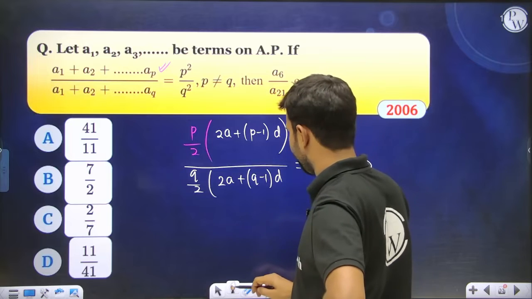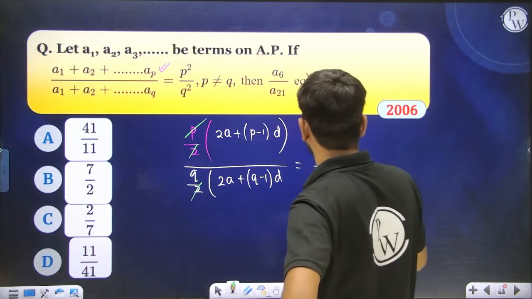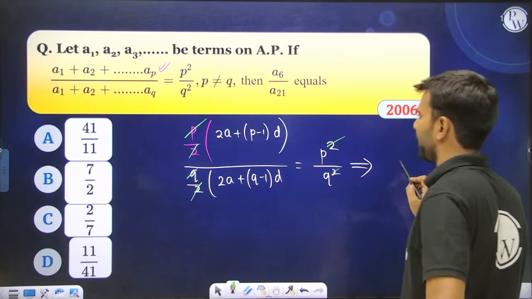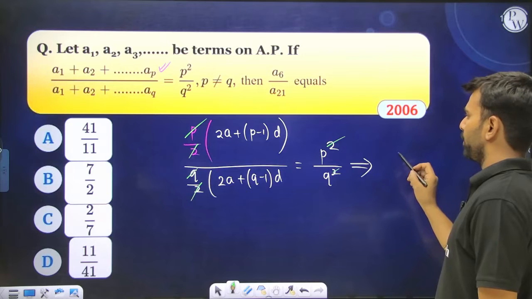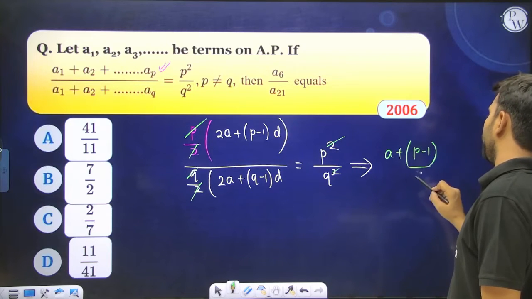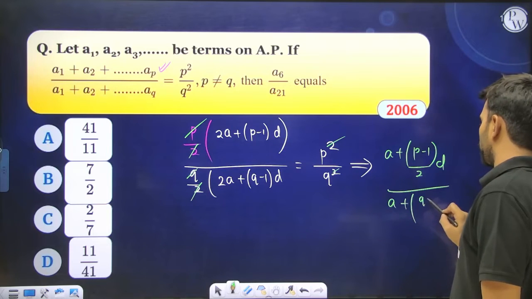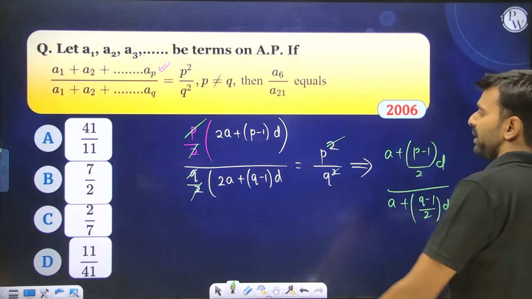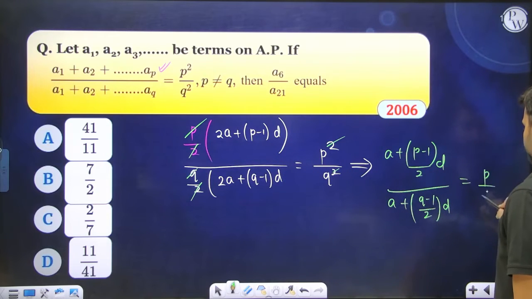So we can say that 1 by 2 and 1 by 2 cancelled over here, p and p cancelled over here, q and q cancelled over here, and the moment you take 2 common, it is going to be a plus p minus 1 by 2 d upon a plus q minus 1 by 2 d. We have taken 2 common from these two terms, equal to p by q.